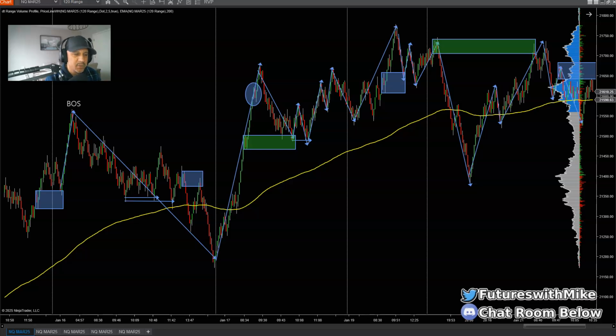Form a bias in which way you're looking to trade based upon market structure. That's number 2, and what we want to do from there is mark up our higher base chart first and foremost. Number 3 is scaling down to a lower base or lower time frame chart, and then marking up our charts with a smaller base zone.